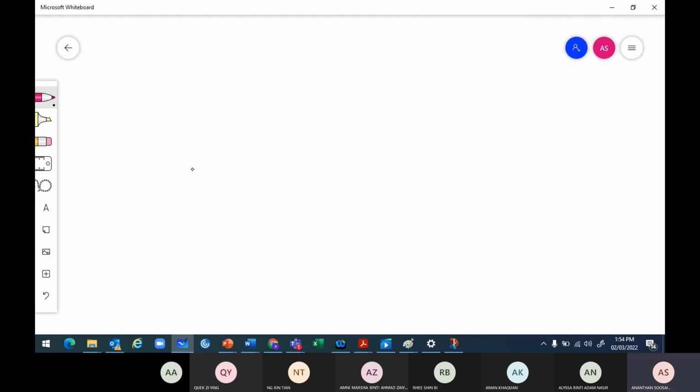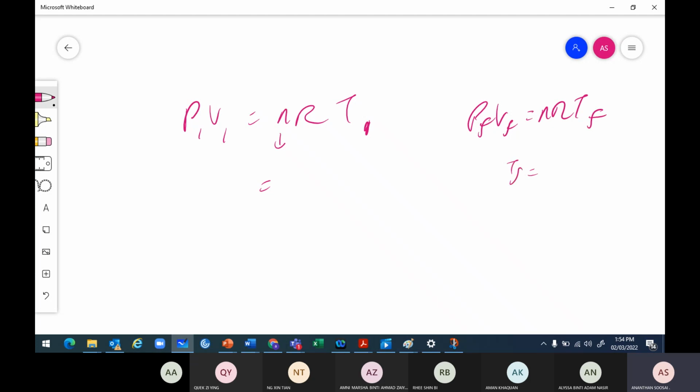Okay, so you can use the P initial, V initial, nRT to get the initial temperature. N you know, R you know, so P final, V final equals nRT, you can get the final temperature. So T final minus T initial can give you the change in temperature.